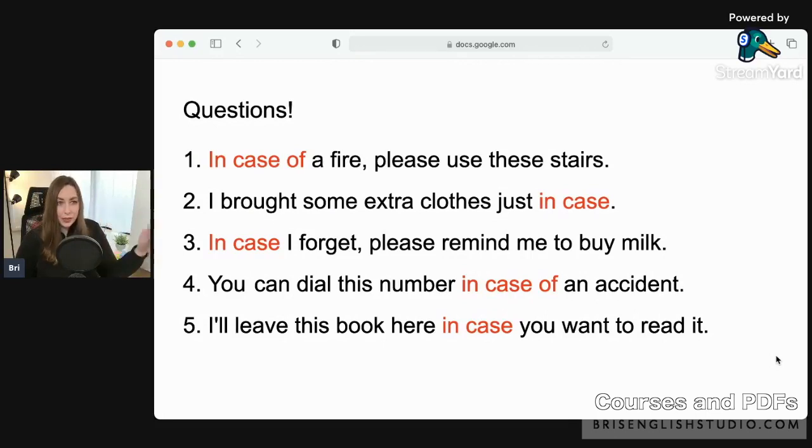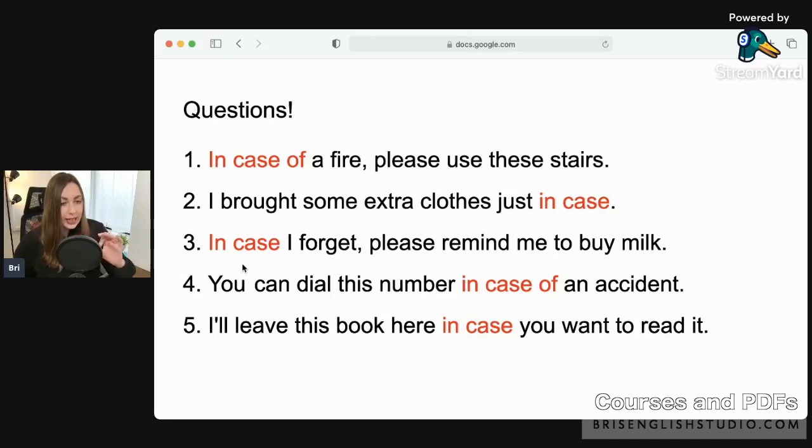So just to review, in case of is followed by a noun, and this means if. So in the event of a particular situation. So in case of a fire, in case of an accident, in case of an earthquake. Okay, please do something or follow this guide, read this, okay? In case is not equal to if, okay?